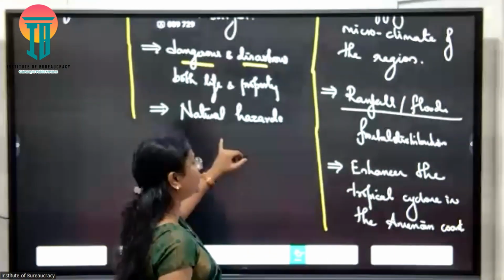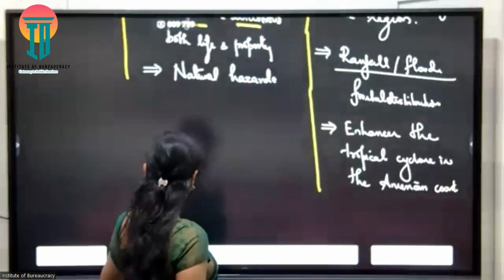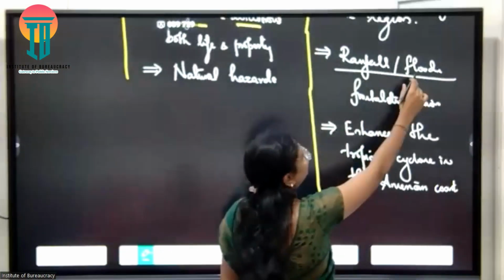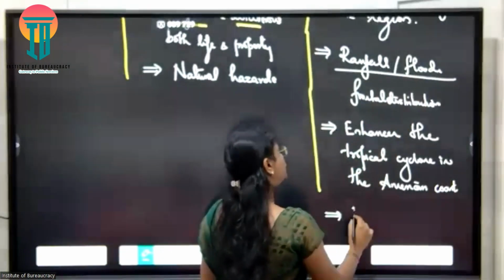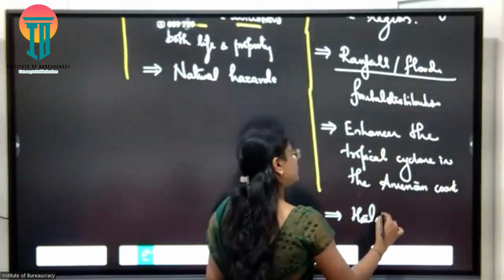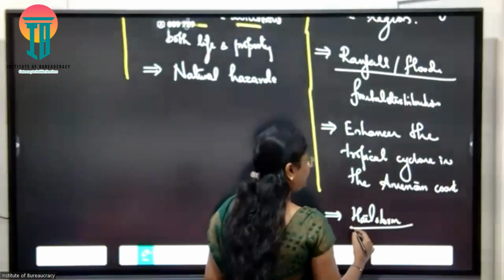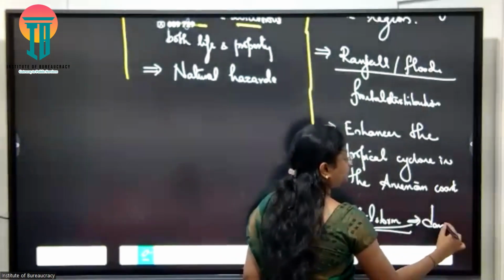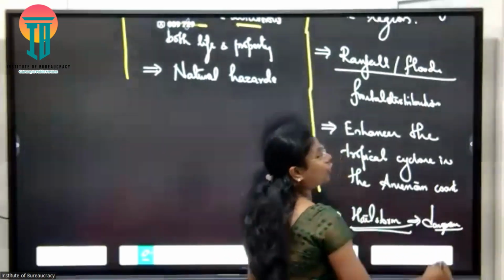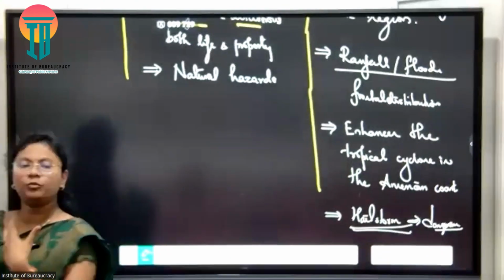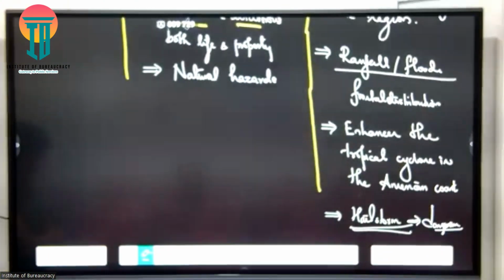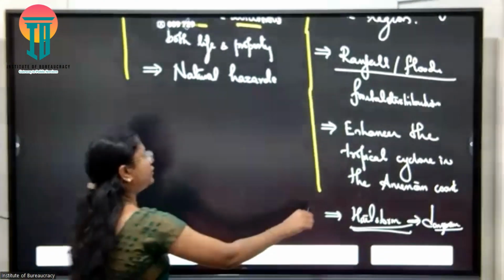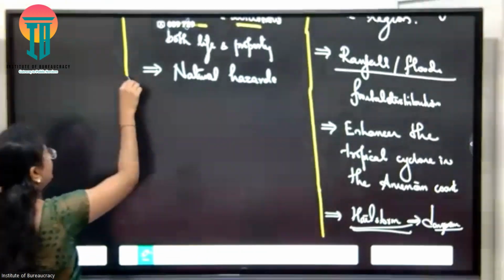Okay, especially American coast. Now, one fundamental factor, along with rainfall and floods, there are chances of hailstorms. And in some cases, hailstorms are dangerous to crops, because of the change in climatic condition and pressure variations.